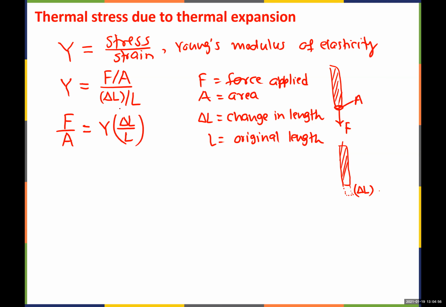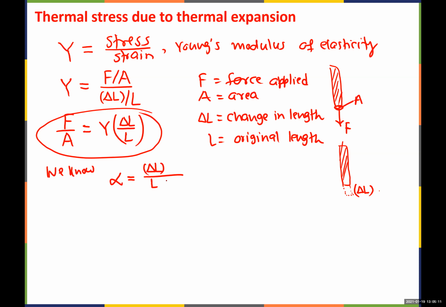But if you remember, we also know that alpha is change in length over initial length times change in temperature. So this means we can write change in length over initial length equals alpha times change in temperature.